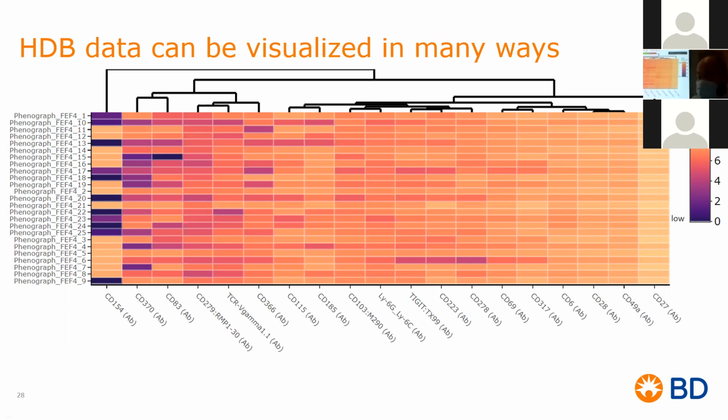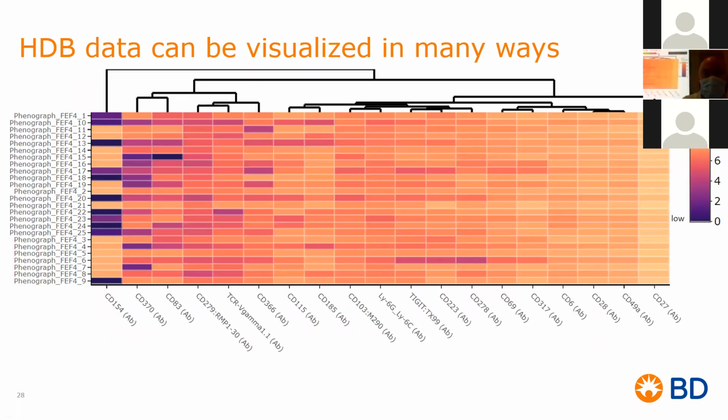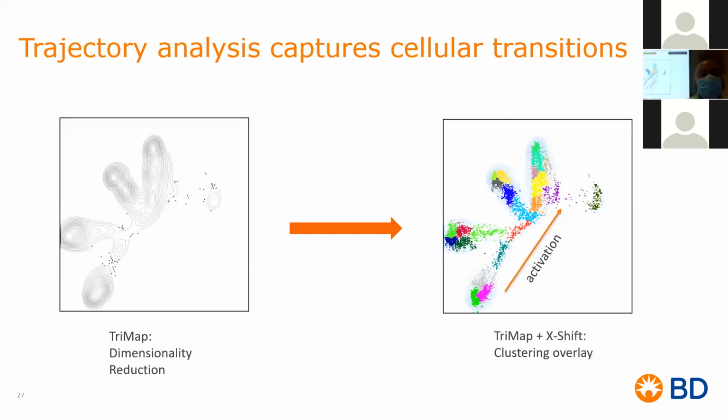And what I did was associate the different clusters here, because it will give me numbers, and then I correlated them to their phenotype. And based on their phenotype from this heat map, I'm able then to go back to my Phenograph and see, to my TriMap and see that the cells at the bottom left are non-activated all the way to the top, which are very activated.